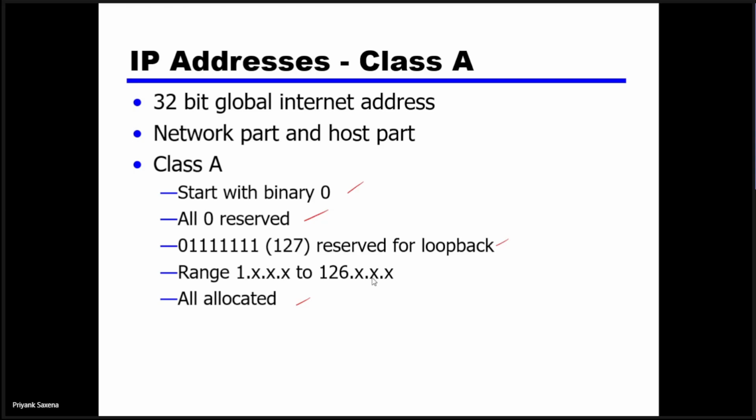So there will be potentially 126 addresses in each network. Each network will have 126 effective hosts, though there will be 128, but in each network one will be reserved and another one will be set for broadcast or loop checking, right? So these two will be reserved.